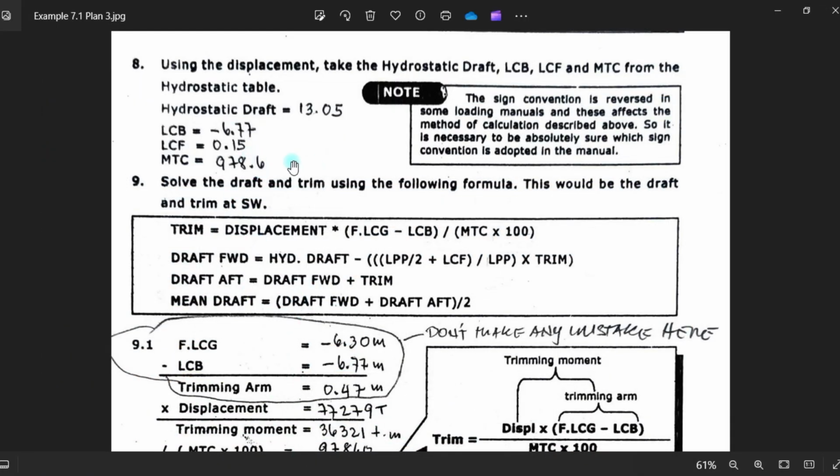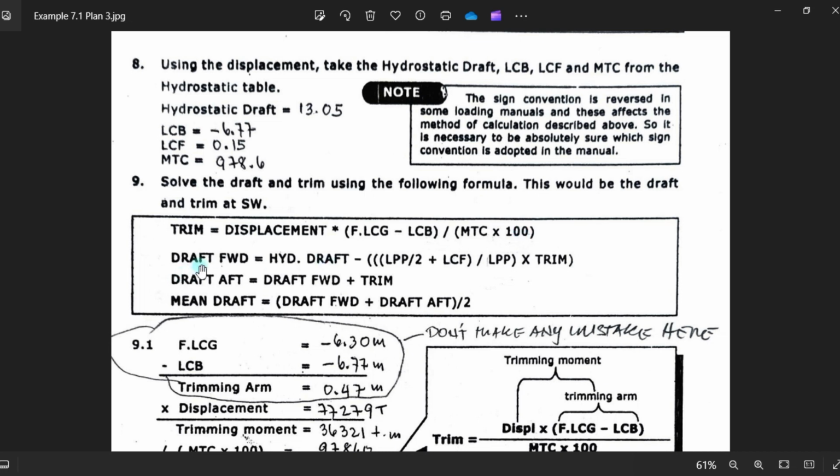So we have this figure, and to solve the draft and trim we use the following formula. This would be the draft and trim at salt water. Okay, so to get the trim: displacement times final LCG minus LCB over MTC times 100. So displacement times final LCG minus LCB over MTC.